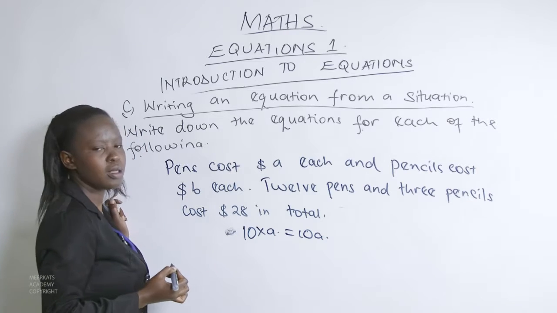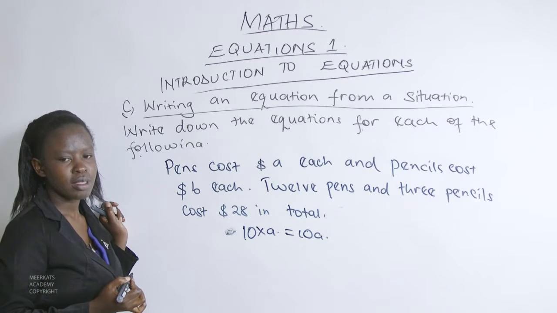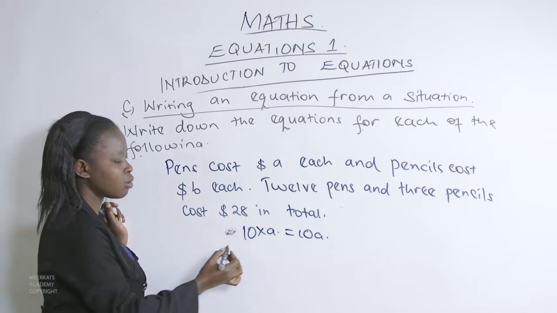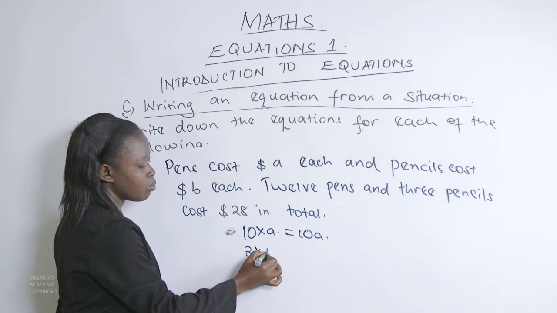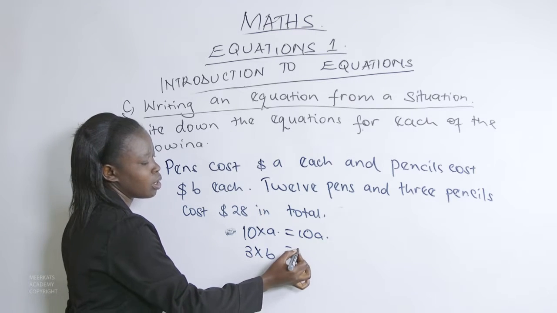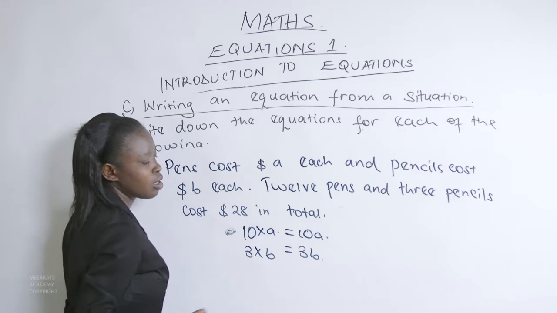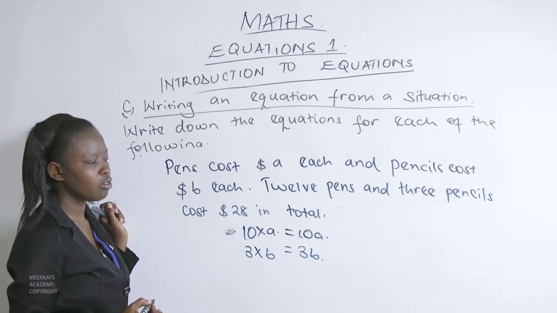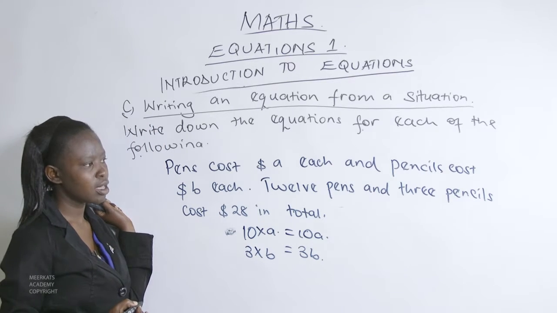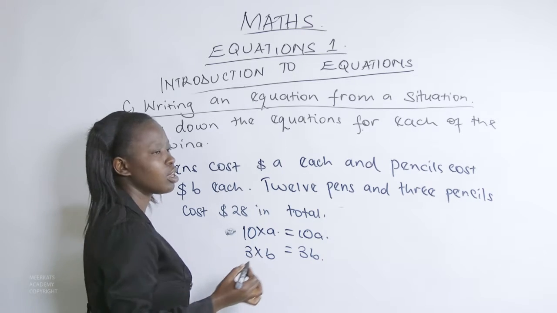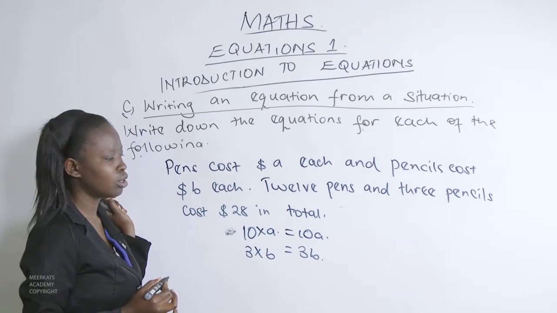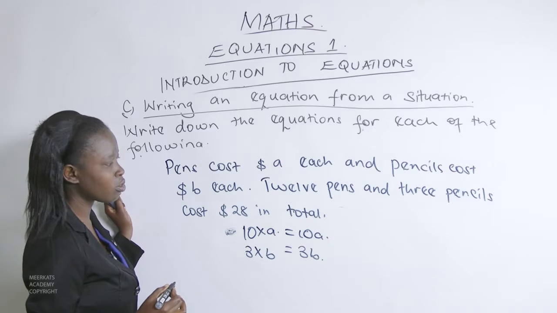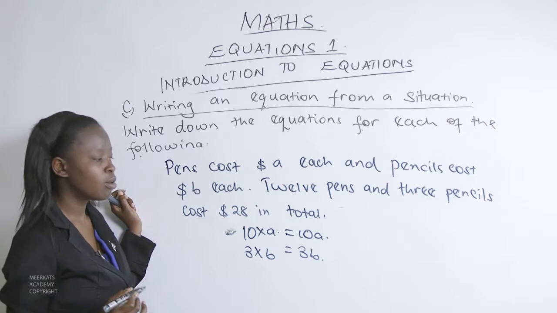Then we are having 3 pencils. The cost of 3 pencils will be 3 times B, and 3 times B will give us 3B. So the total cost of the 10 pens and 3 pencils will be obtained by adding the cost of pens and the cost of pencils.